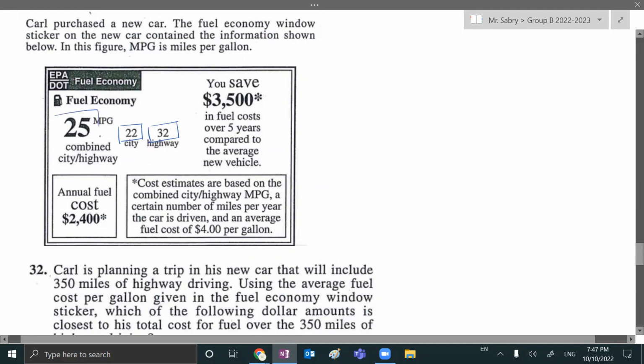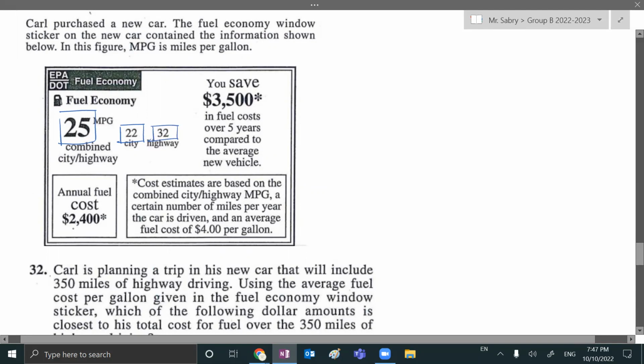That's the average of them both. Combined city and highway. So if some of your driving is city and some is highway, it will become 25. If you just move in the city, it will become 22 miles per gallon. If you just move on the highway, it becomes 32 miles per gallon.